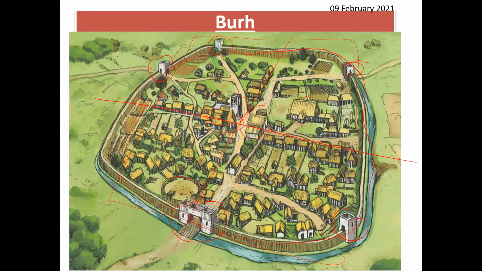And then over time, these forts became fortified towns, normally chesters: Cirencester, Chichester, Bicester, places like that. So they started off as military forts and grew into towns with very similar square fortified structures and a road layout.